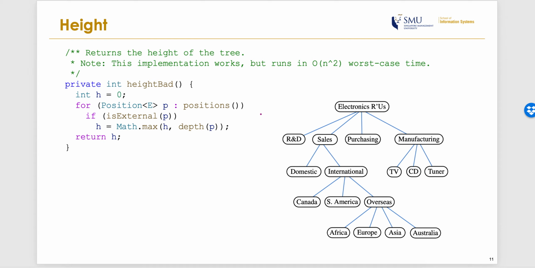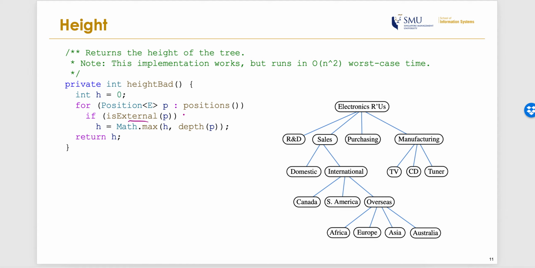The one that has maximum depth would likely be an external node, right? Because if something is internal, meaning that it has a child, the depth of the child is going to be more than the depth of the parent. So you keep going, and then you ask what is the depth of the child instead. So the maximum depth of the tree is going to be the depth of one of its external nodes.